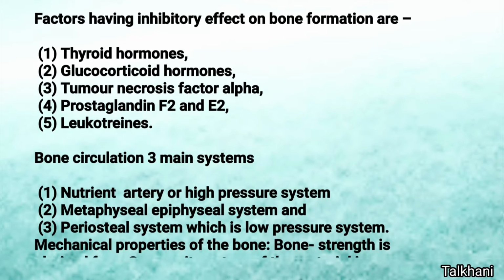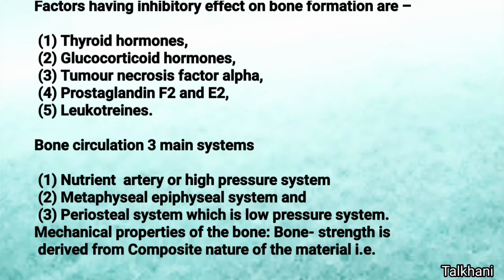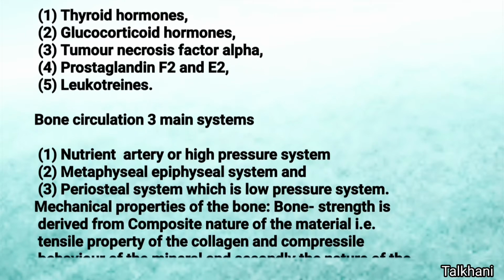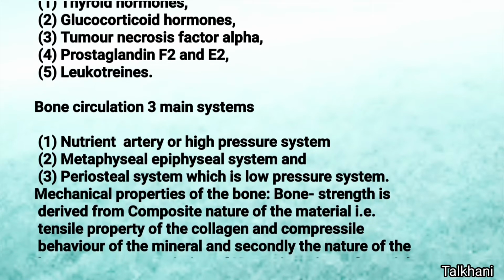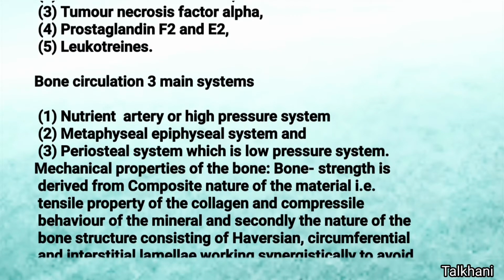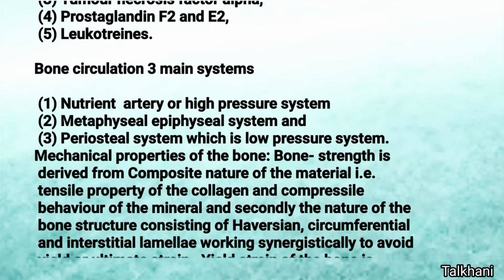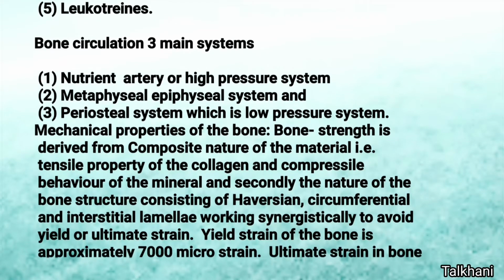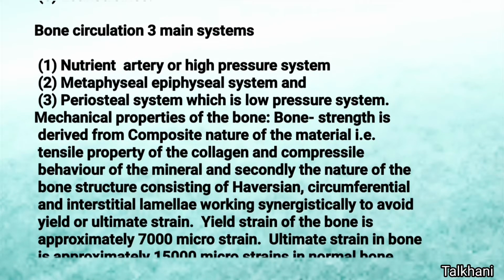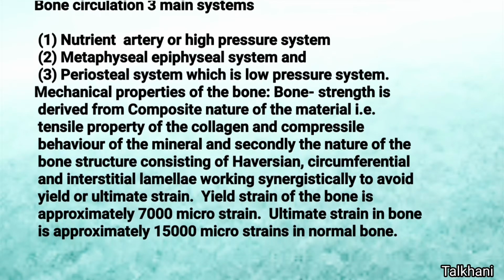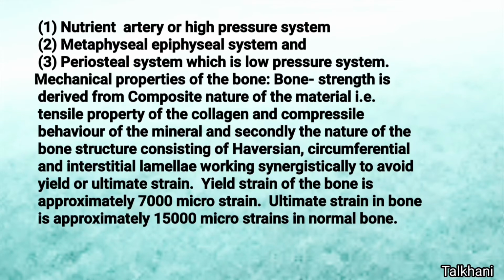Tensile property of the collagen, compressive strength of minerals, and the nature of bone structure consisting of Haversian, circumferential, and interstitial lamellae work synergistically to avoid yield or ultimate strain on the bone. Yield strain of the bone is approximately 7,000 microstrains. Ultimate strain of a normal bone is approximately 15,000 microstrains.